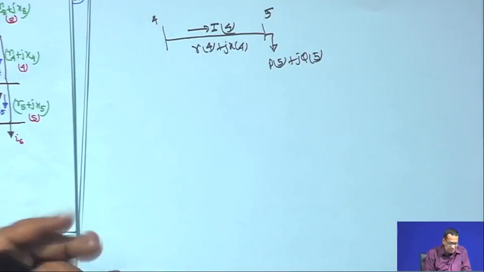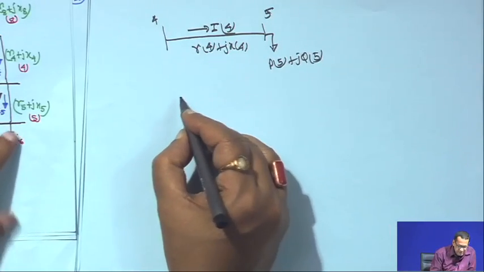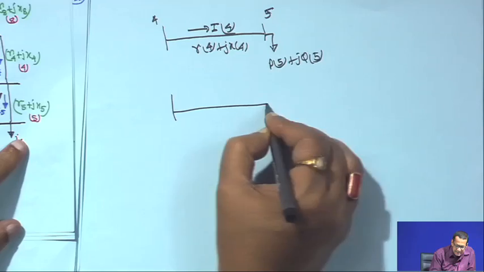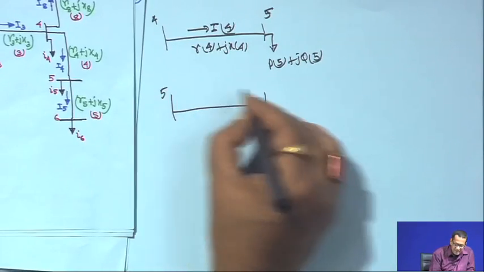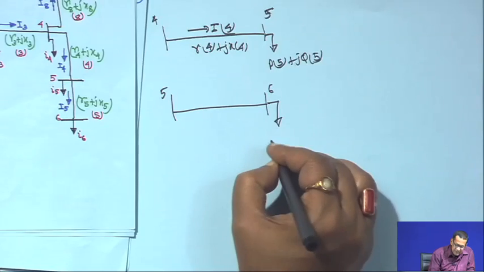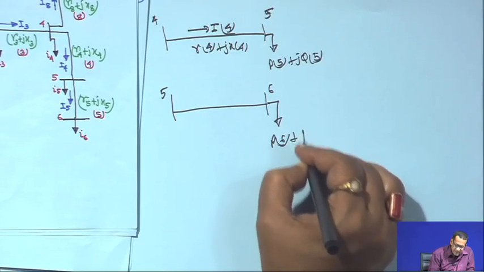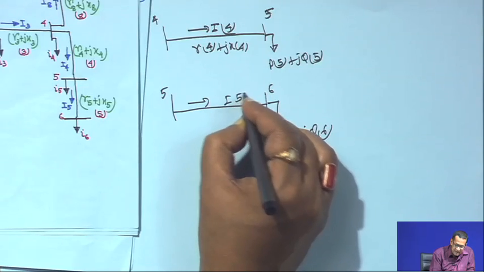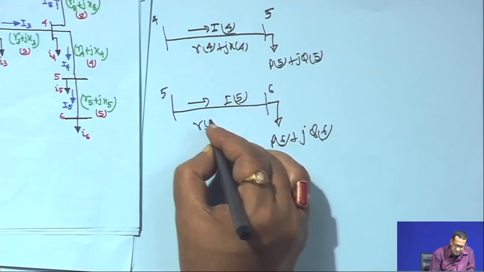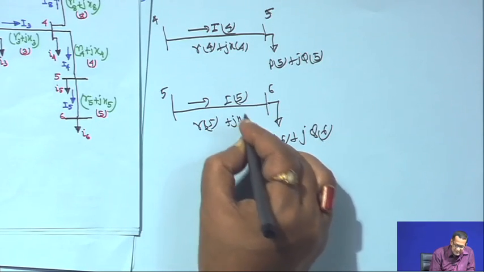Similarly, the last one: take the electrical equivalent of branch 5. It is 5 to 6, the total load fed through here is P 6 plus J Q 6, the current flowing through this is I 5, and the impedance of this branch is R 5 plus J X 5.